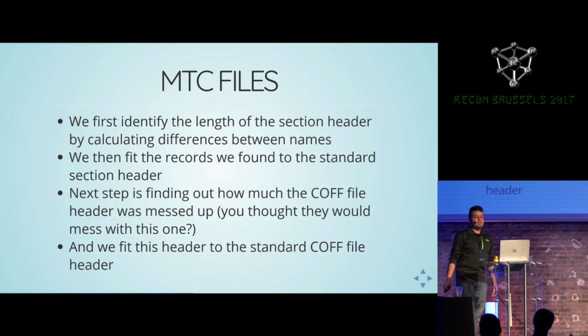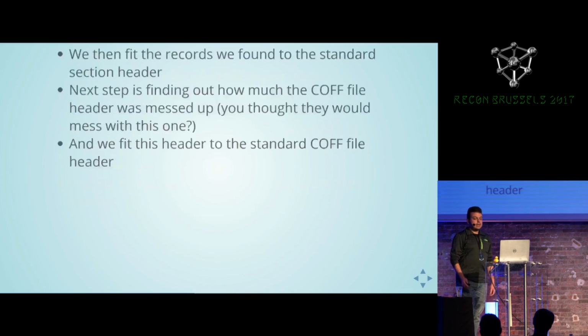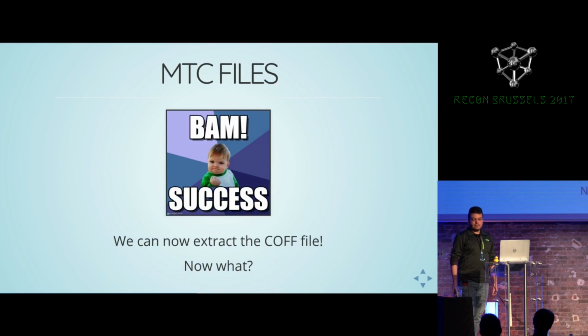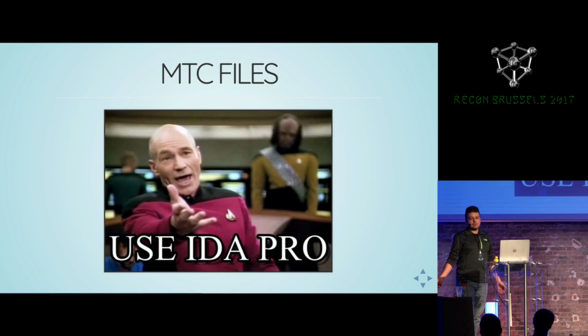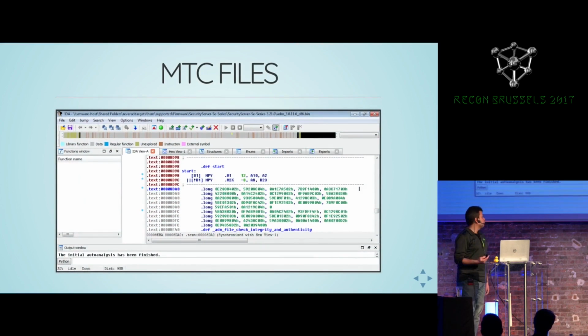The next step is to do exactly the same thing for the COFF file header. And finally, we've got a COFF file. So now what? Of course, use IDA. And IDA supports this architecture. We open the file, and we get this thing. Of course, this is not assembly code.